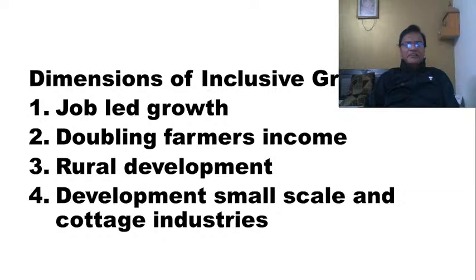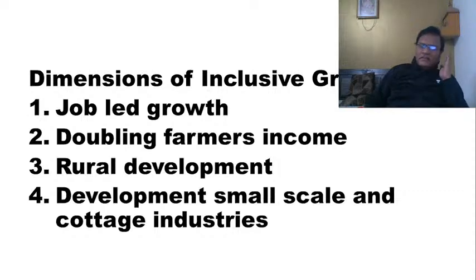That is the reason why we could not achieve inclusive growth. That is the reason why we are witnessing widening inequalities in the distribution of income and wealth. And we are witnessing jobless growth, which is adding more to the vicious cycle of poverty. What is that? We will see a little bit later.